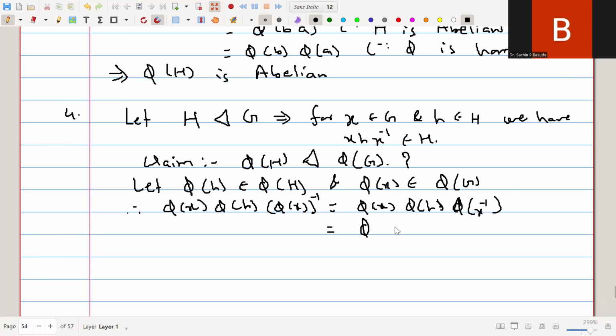So this is phi of x h x inverse, since phi is a homomorphism.